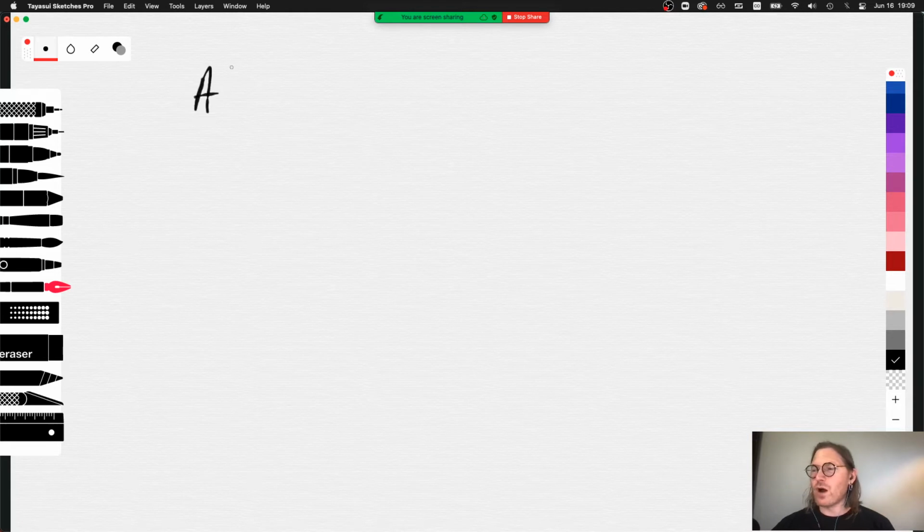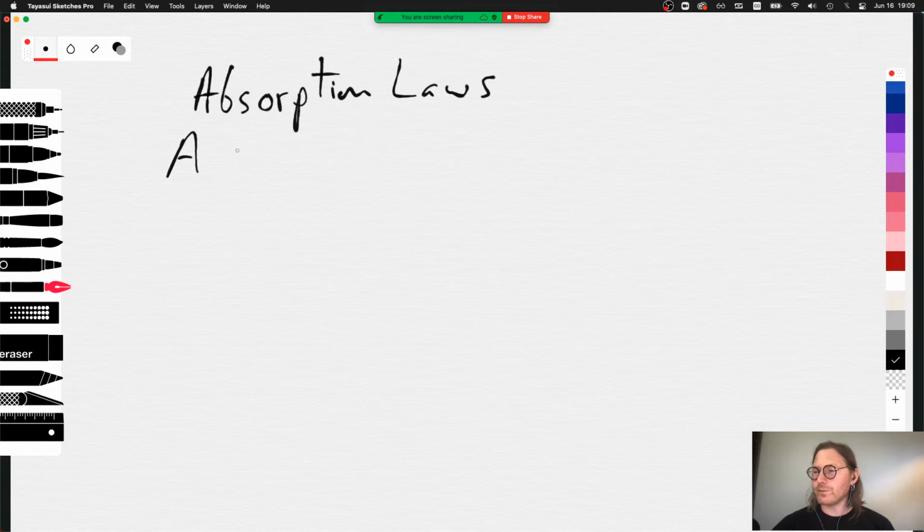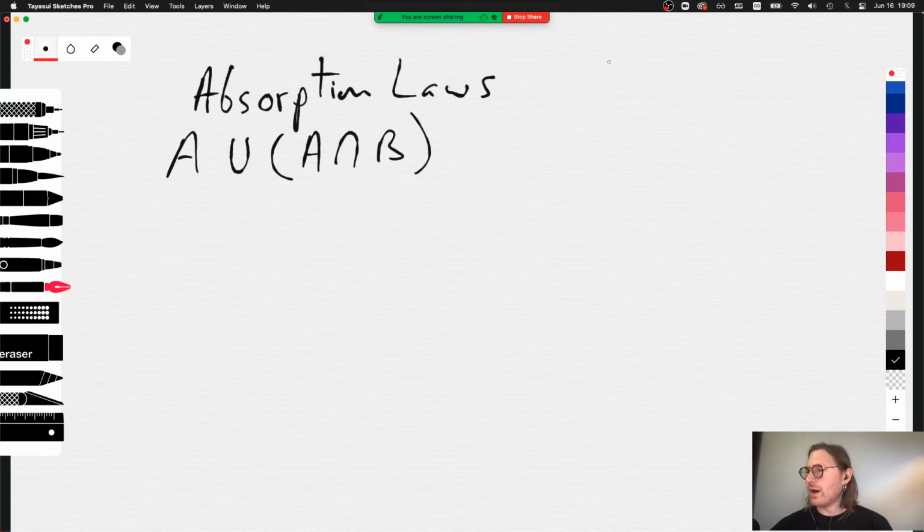There are different laws that we think of as absorbing. So these are absorption laws. So if we take A and union it with the intersection of A with B, well, let's name these and let's see what we get. So let's say A is true, B is false.